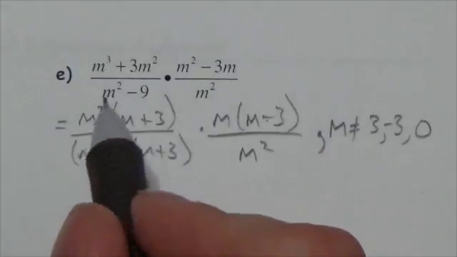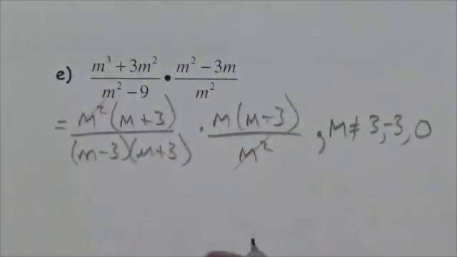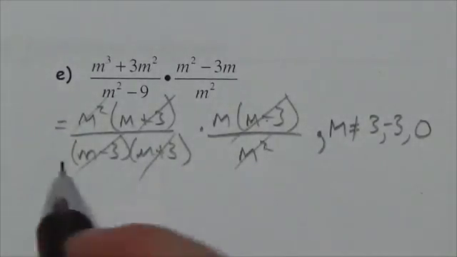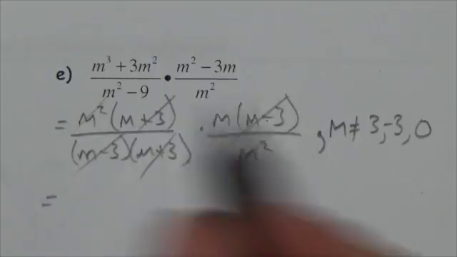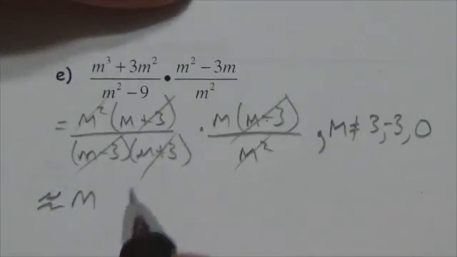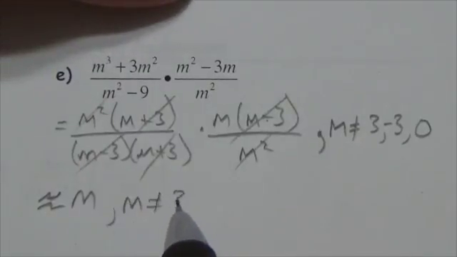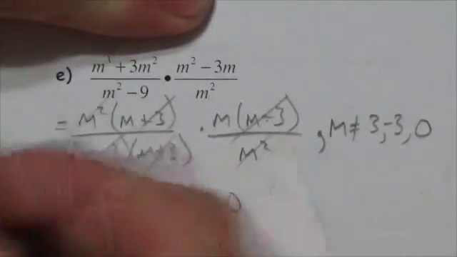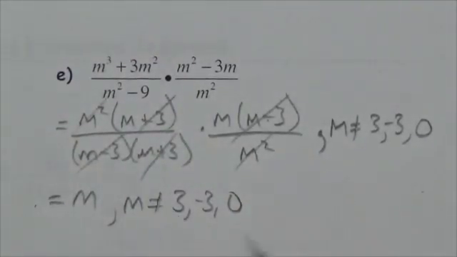And now, m squared divided by m squared, there's a 1. m plus 3 over m plus 3 is a 1. m minus 3 over m minus 3 is also a 1. In fact, the only factor that survived is the m in the numerator. But that is only equivalent to m until I state m can't equal 3, -3, and 0 together with it. And now I can state that that's what my final answer is equal to.